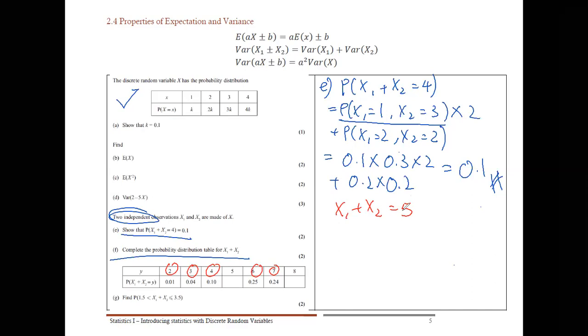If we do it the same way, it will be 1 and 4. So P(x = 1) times P(x = 4), flip around, plus P(x = 2) times P(x = 3), flip around. Add together, this will give you 0.2.